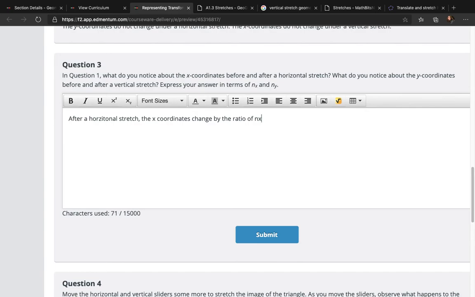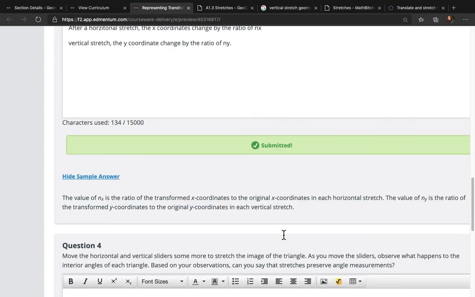Whatever n sub x is, we multiply that n with our x coordinates. For a vertical stretch, the y coordinates change by the ratio of n sub y. Whatever your scale factor is, you're going to multiply your y coordinates by n. So I'm going to hit submit.